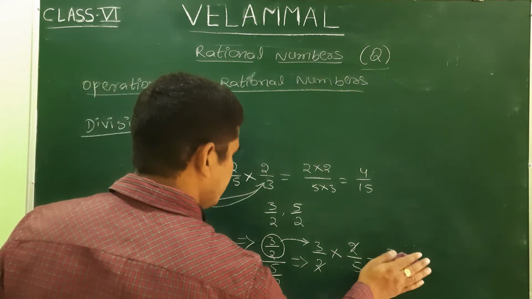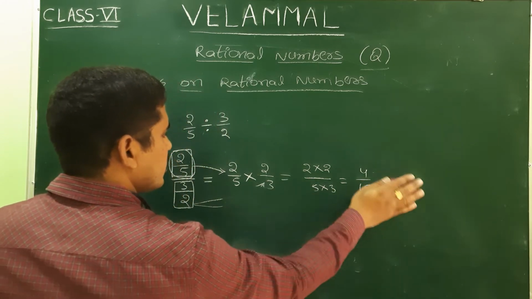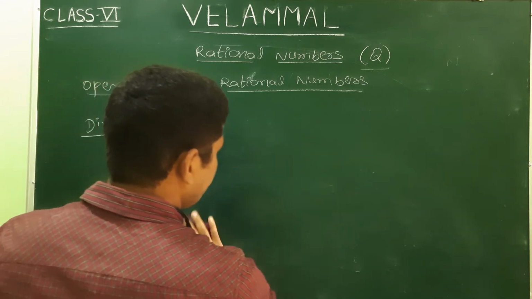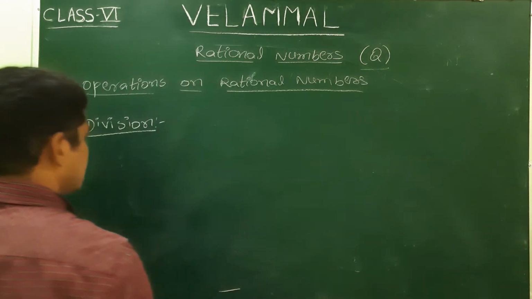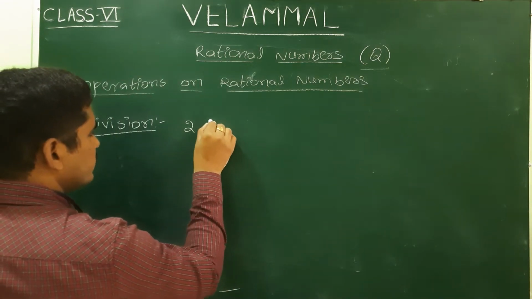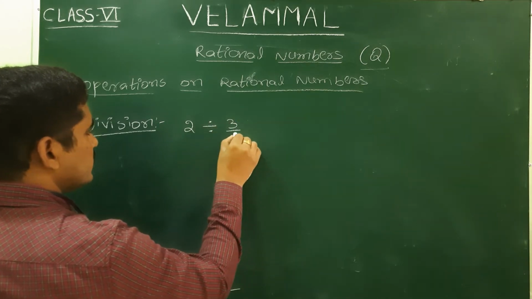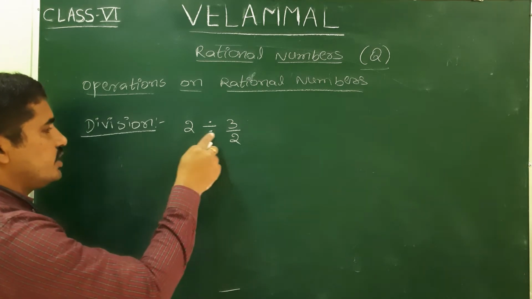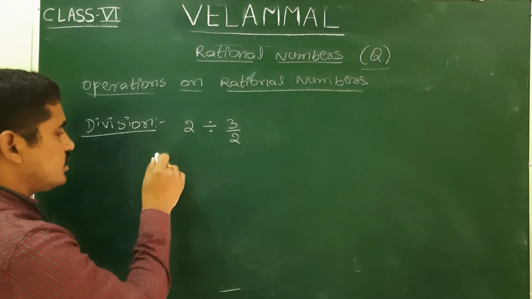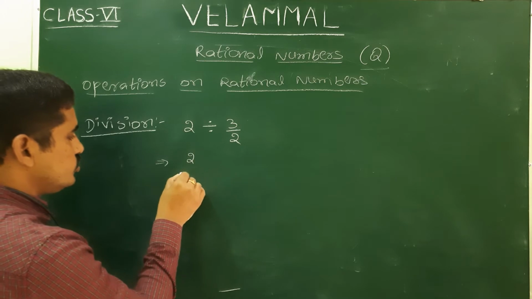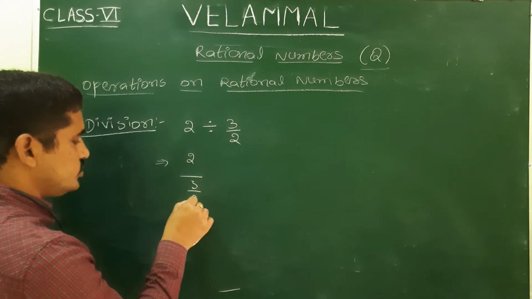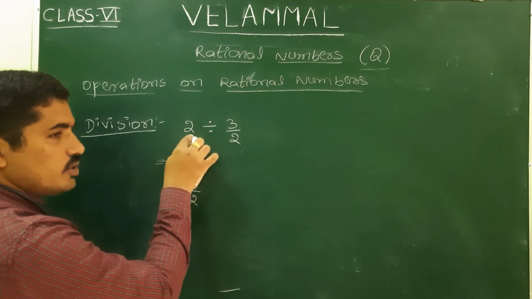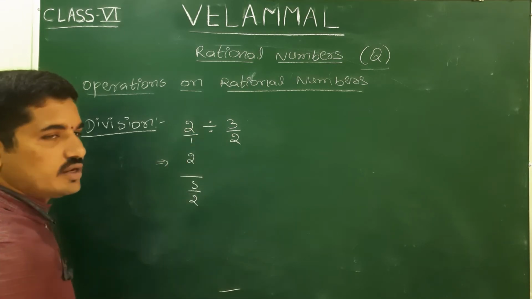Now for example, without giving fractions, without giving rational fractions, if we are just asked to do 2 divided by 3 by 2, how can we do it? 2 divided by 3 by 2, but the normal 2 we can write as 2 by 1, correct?